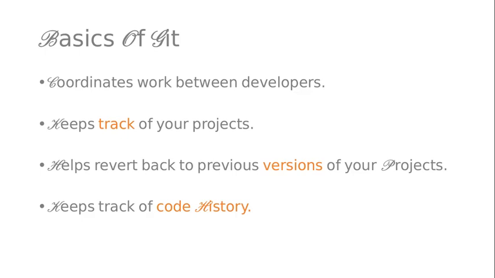So it's very good for going back in case there's any issues with your project. It also helps keep track of code history. This is what I talked about previously. Keeping track of code history helps us to revert back to previous versions of our code, so it's also very good for that.